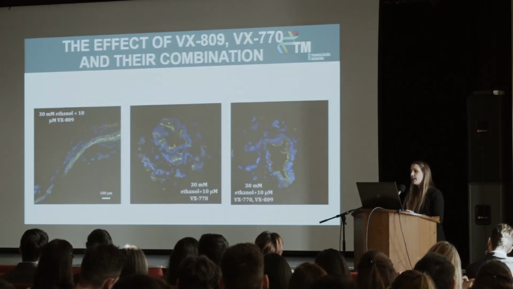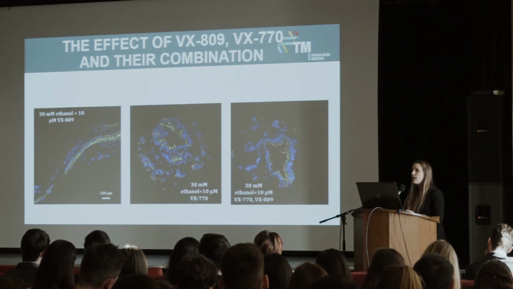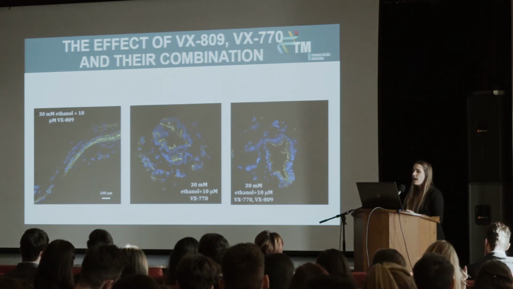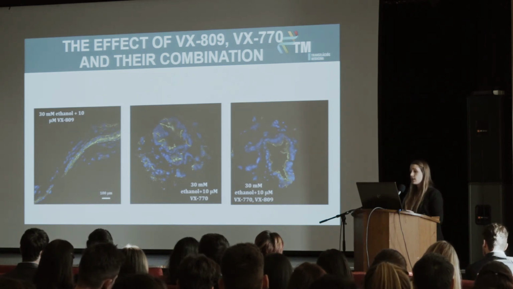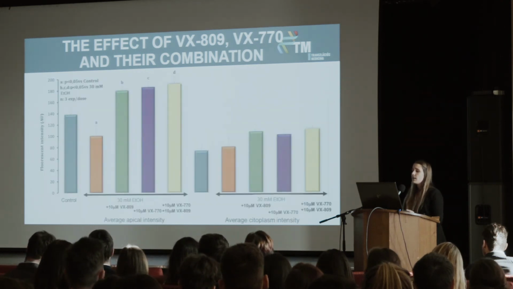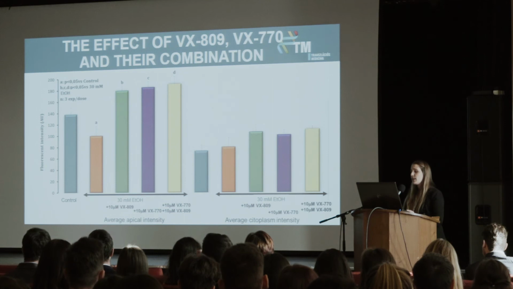After that, we would like to test the combinatory effect of this medicine, because, as I said, in the medicine they are in a combinatory treatment, and we used the CFTR corrector and activator alone, and then in combination. You can see our results that even the CFTR activator had correcting effects.